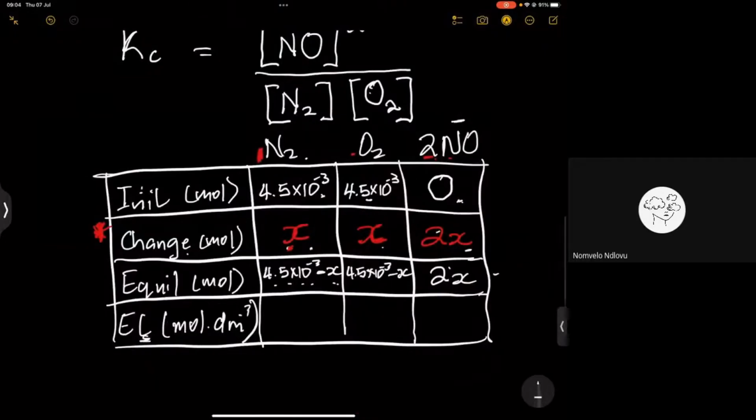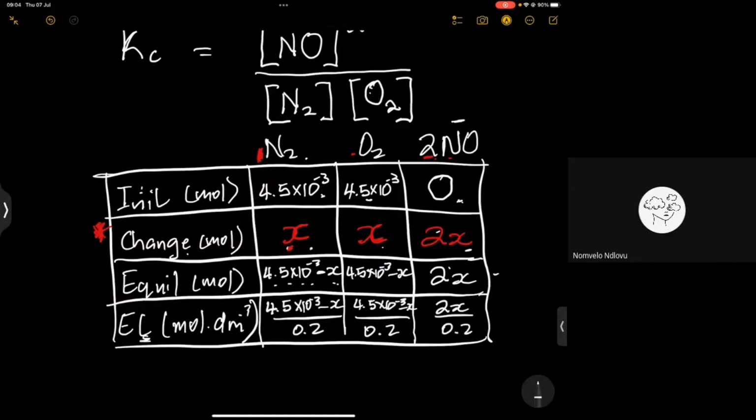So that means that my concentration is number of moles divided by my volume, 0.2. I'll do the same for this guy, 4.5 times 10 minus 3 minus x divided by 0.2. And then for this one, it will be 2x divided by 0.2.